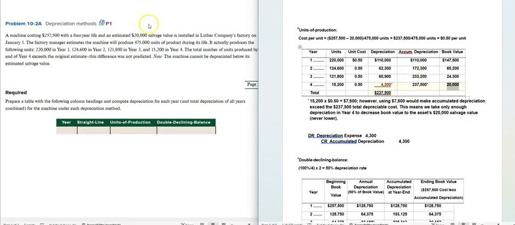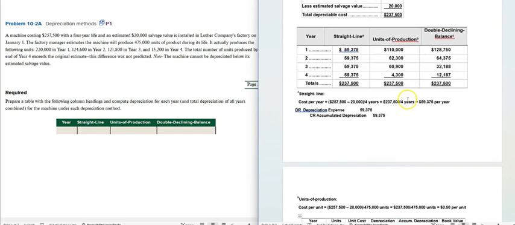And remember, this asset has a $20,000 salvage value. So I want to make sure the book value is still recorded at what we expect to get out of it, because the asset still has a value of 20. So that's the only trick to this method, is just paying attention to that last year of the asset's life.